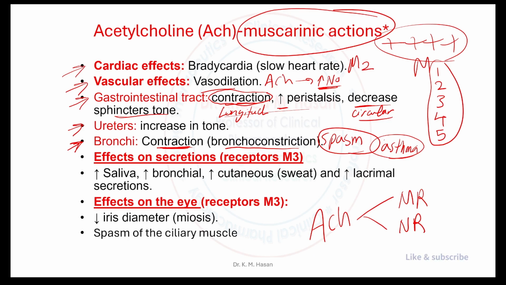The effect on secretion, this is an important thing here. Acetylcholine in general works on the M3 receptor to increase secretion. You can see here the arrow: increased saliva secretion, increased bronchial secretion, increased sweat secretion, increased lacrimal secretion. So all the secretions will be increased by the acetylcholine effect. So two things we need to remember under the effect of acetylcholine.